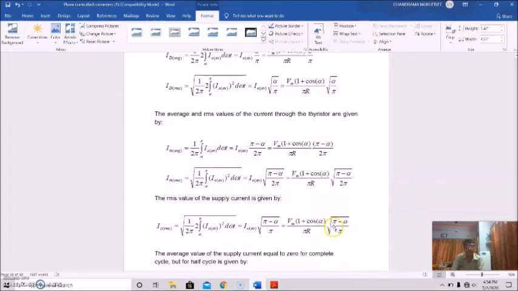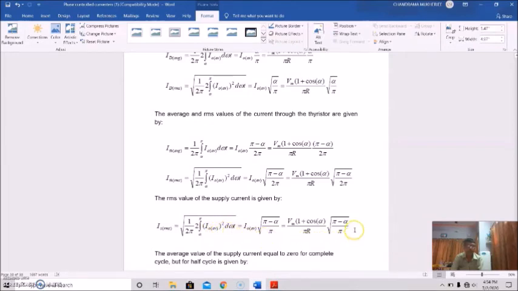Okay. So the RMS value of the supply current will be given by this expression here: root over of 1 by twice pi, twice the integration over alpha to pi, of the output current square d omega t.